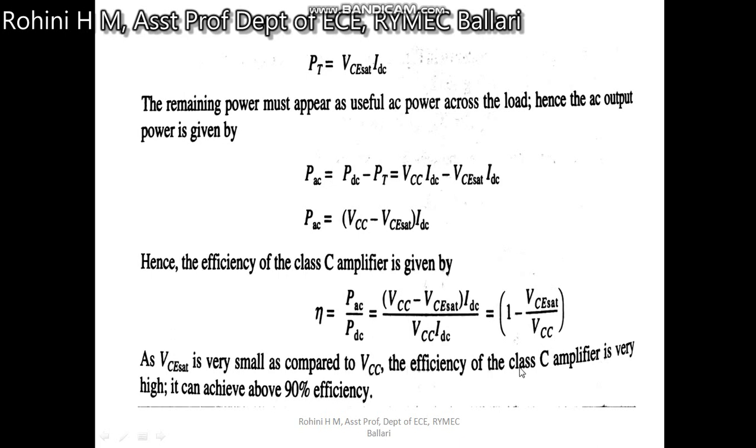Therefore the efficiency of the class C amplifier is very high, since the numerator is very small compared to the denominator. So 1 minus a very small value is almost equal to 1. Practically, we can achieve an efficiency of 90%.